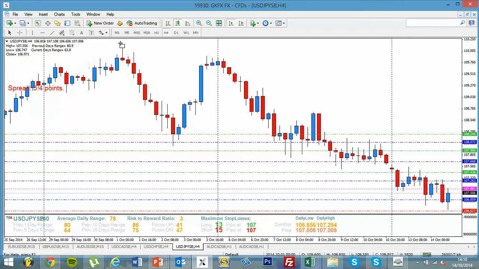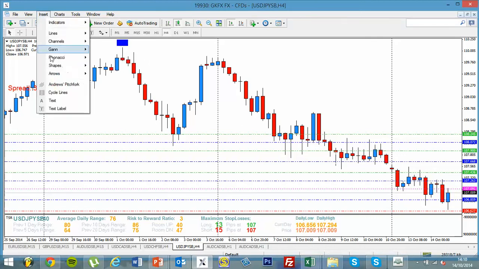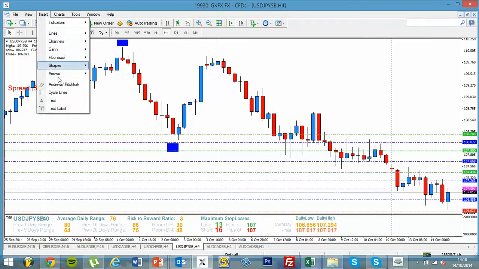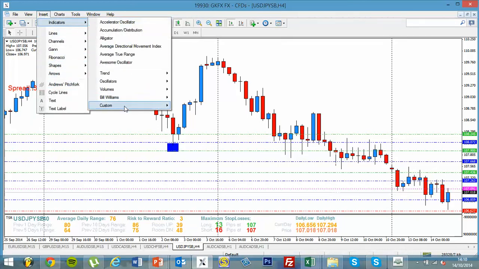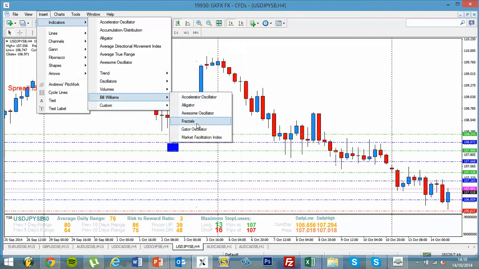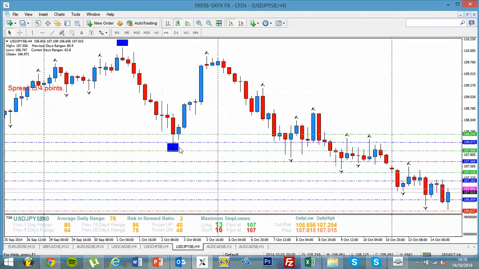So if we have a candle where there's two lower candles each side, then that's a swing high, or an upwards fractal will form. If we have a candle with two higher candles to either side, then that's a swing low. Okay, so if I go back and insert the indicator on this, it's Bill Williams fractals, and there they are.